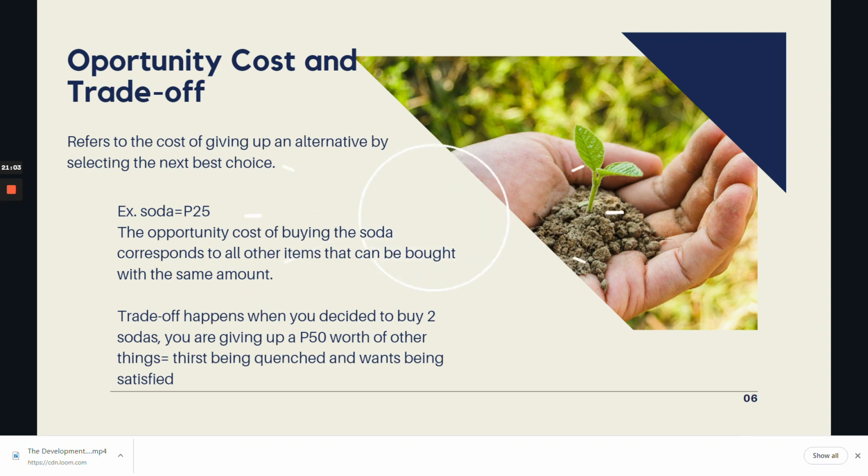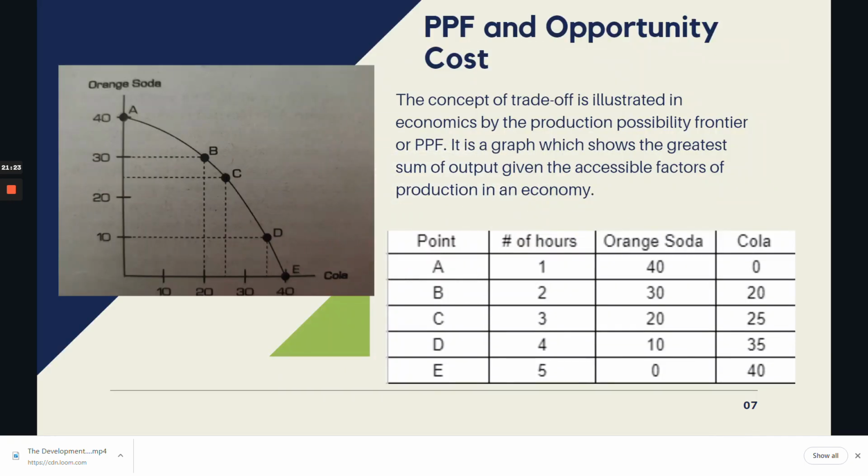Kay want man niya ang soft drinks. So that's the trade-off. Na ang opportunity cost nimo is the cost of the product that you bought by giving up the other alternative, and your trade-off is because nasatisfy ang akong need. Mo na imong trade-off. Next, we will also discuss the PPF and opportunity cost.